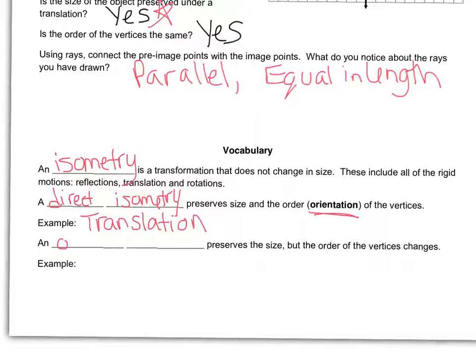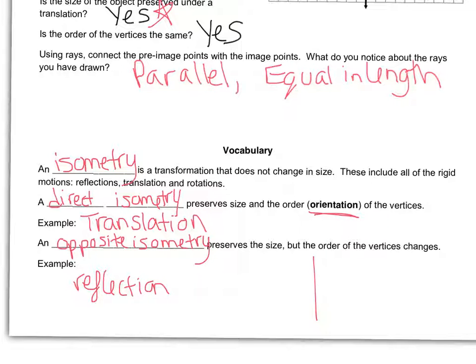An opposite isometry preserves the size still. So all isometries preserve size, but for an opposite isometry the order of the vertices changes. If you remember from yesterday with our reflections, the order did not always stay the same.